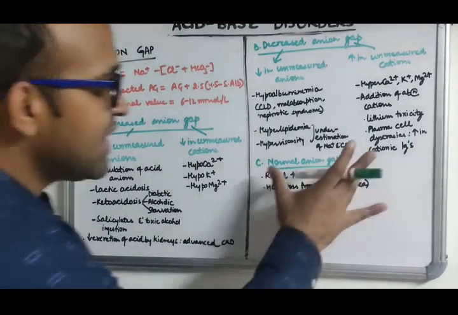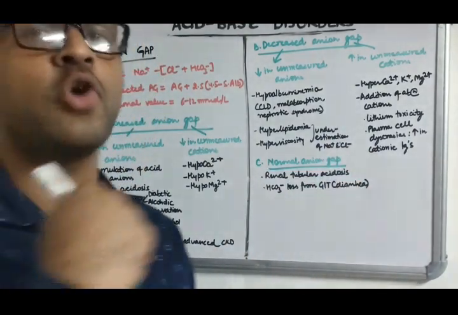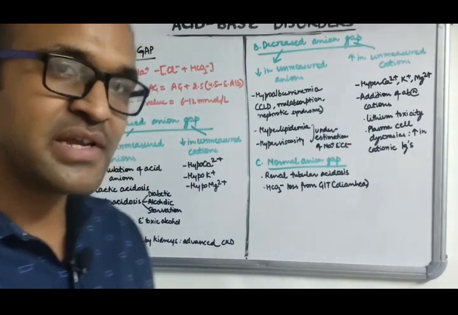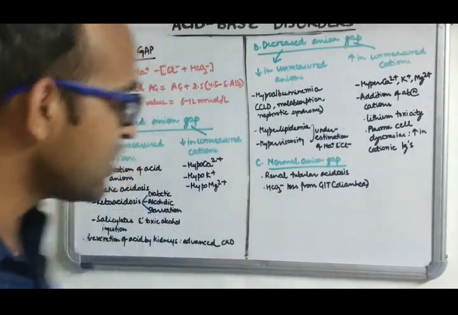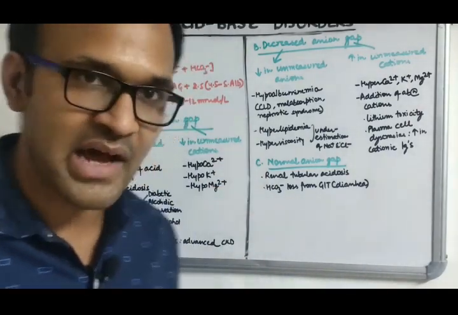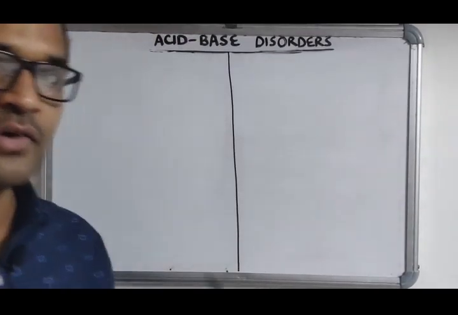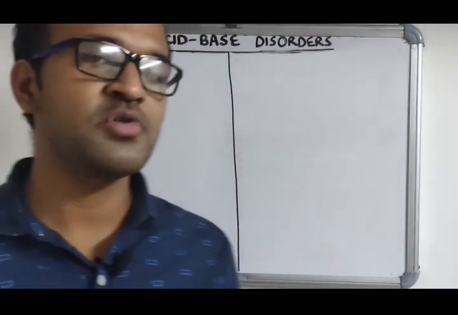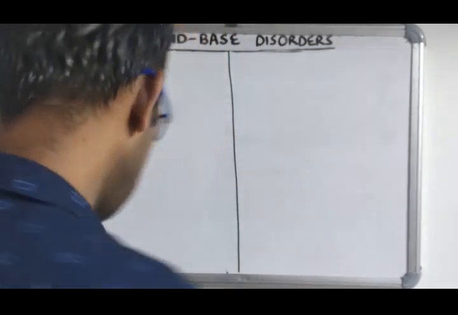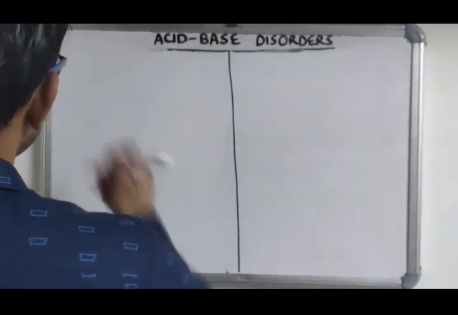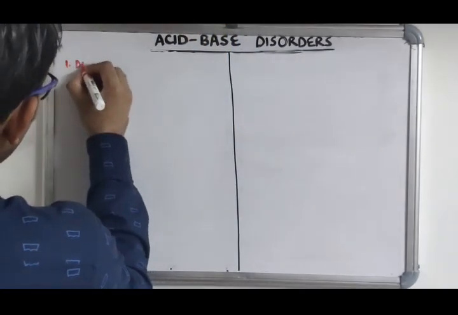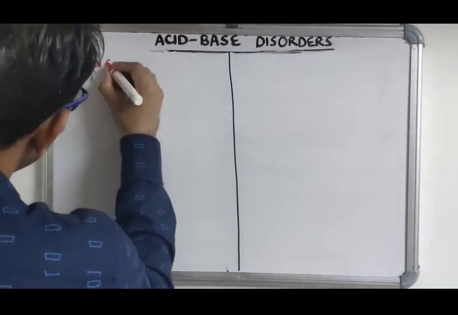Okay, so these are the conditions which are associated with hyperchloremic metabolic acidosis. So there is an increase in chloride levels, which compensates for the fall in bicarbonate. Now, as we have talked about the anion gap, we will talk about two important concepts. One is delta gap.